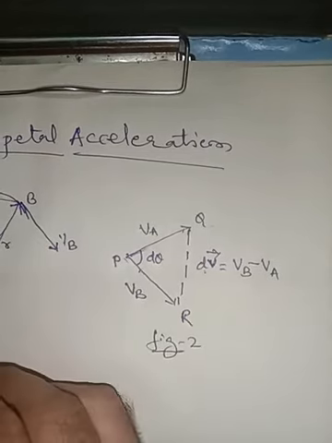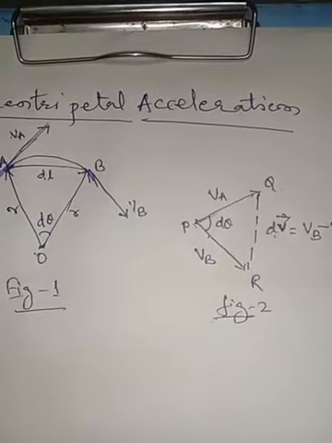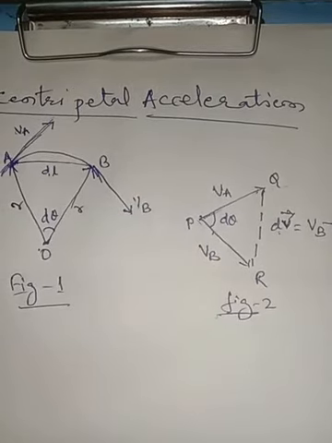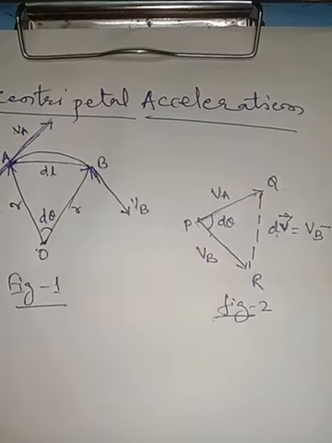Now using figure 1 and figure 2, we have to derive the relation for the centripetal acceleration. Centripetal acceleration, we know what it is: the acceleration of a body moving in a circular path, always directed along the radial line towards the center of the circular path.